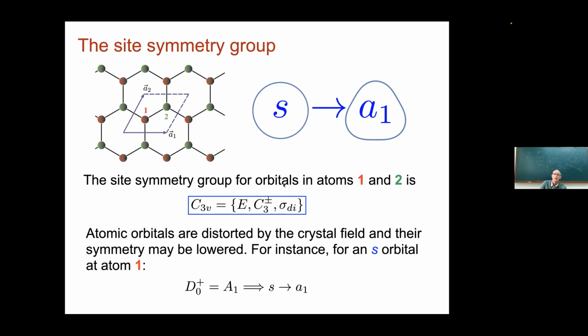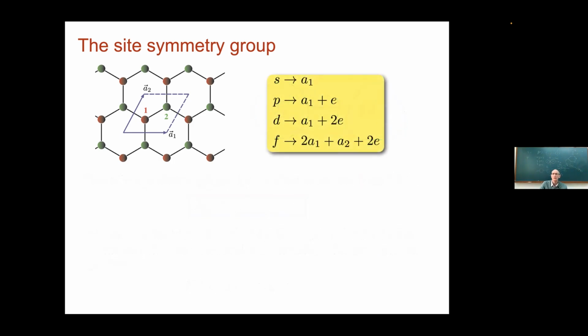When I place orbitals in a crystal, they immediately all mix up, okay, according to the irreps of the crystal field, the C3v symmetry group.